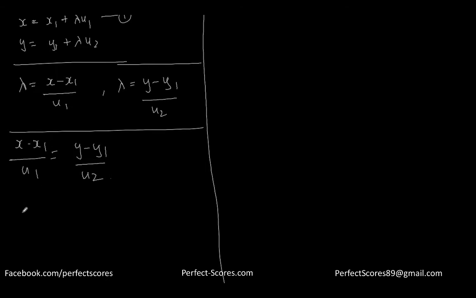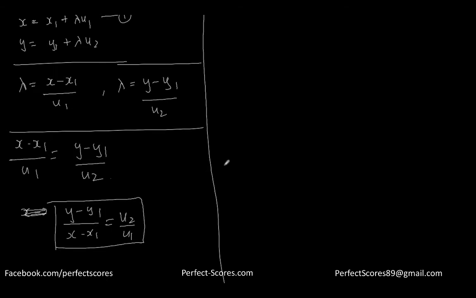And from here we can say that y minus y1 over x minus x1 is equal to u2 over u1. Now if you remember coordinate geometry, this is known as the Cartesian equation.